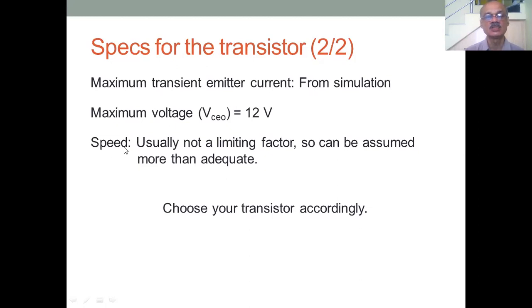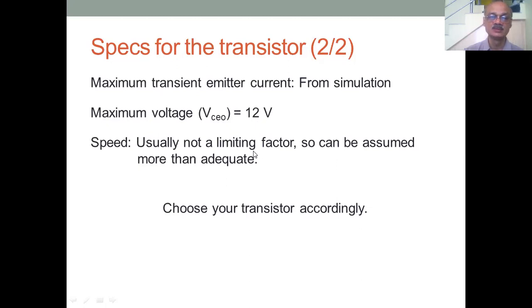Speed is another consideration, but usually transistors are very fast, especially compared to op-amps and comparators. So you don't need to worry about the transistor speed specification. Just the current and the voltage are the primary. So you find a commercial transistor that gives you this current and this voltage.